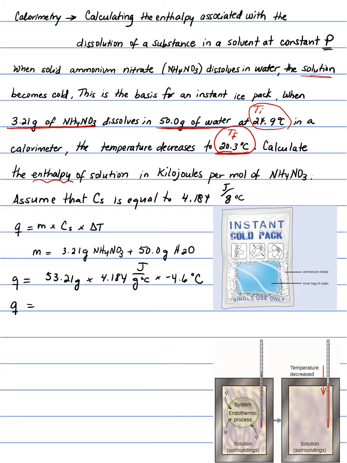So when you solve this, 53.21 times 4.184, which is the specific heat for water, times that negative delta T, you're going to get a negative number. The units are canceling out besides joules. So that number is the amount of heat in joules.